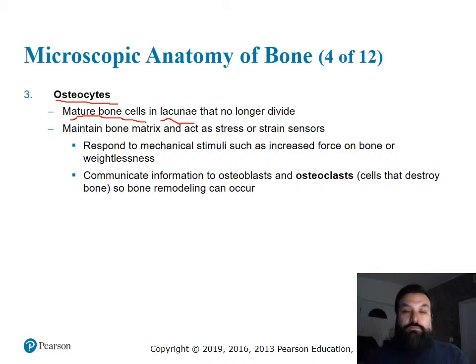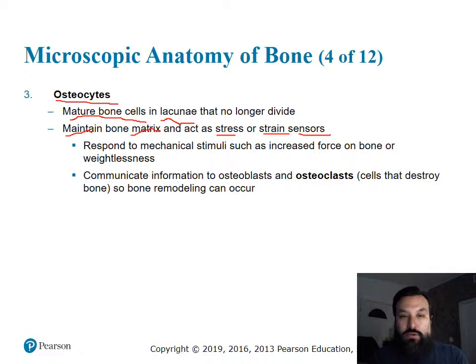They no longer divide. What they do is act as maintainers. They maintain the bone matrix, that osteoid, right? They act as stress or strain sensors. So when we have a stress or strain in a bone, these cells will recognize that. They will be sensitive to it.